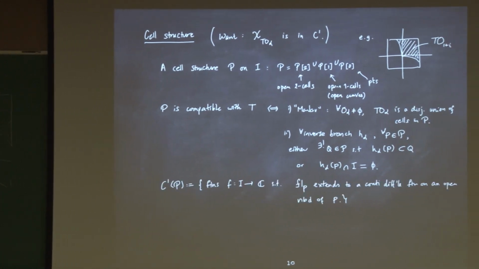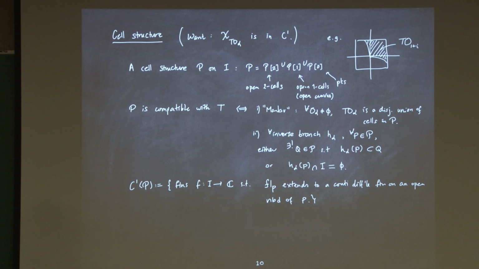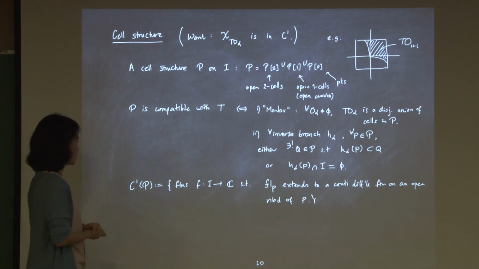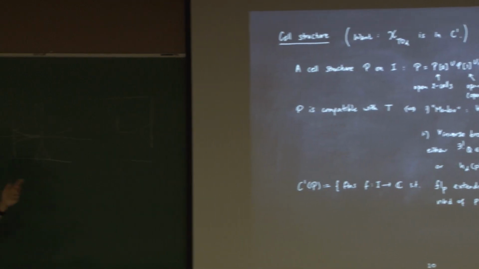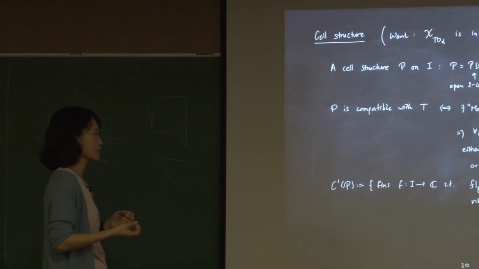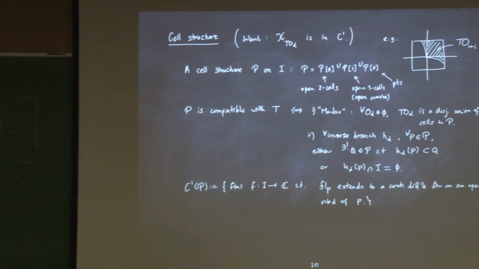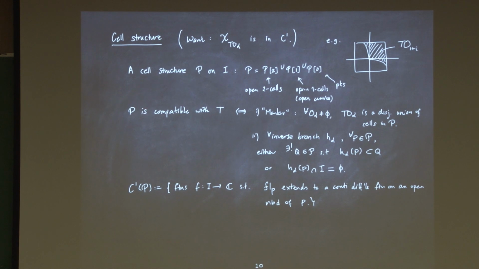Using this structure, we can now define the space of functions that we work on. It's C1 of P, the functions that, when restricted to all these cells, are continuous and extend to a continuous differentiable function on some open neighborhood of each of these cells.